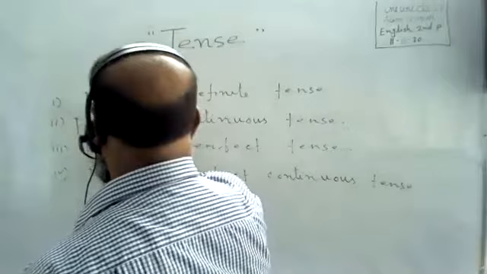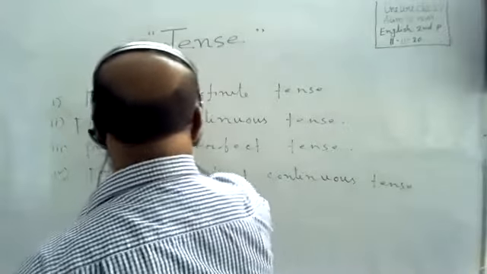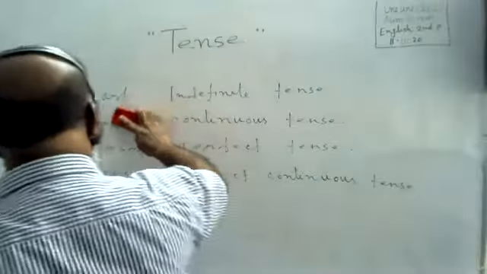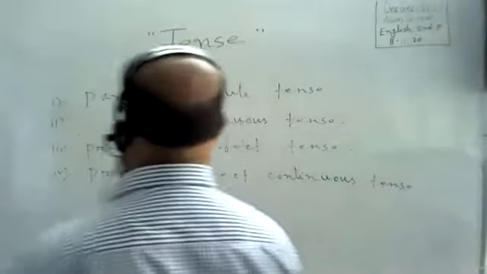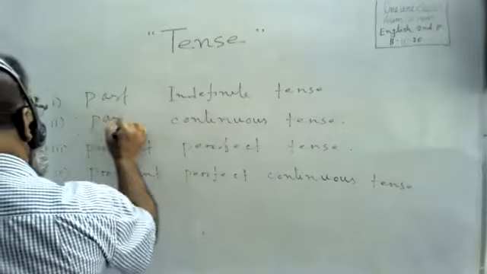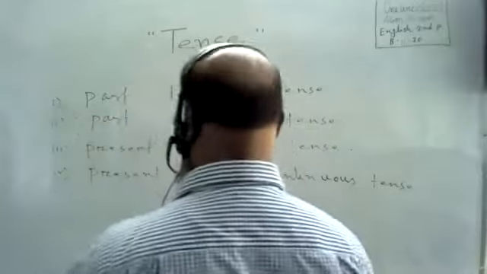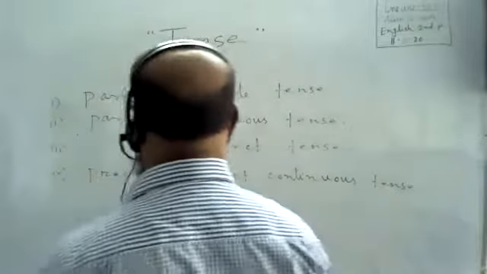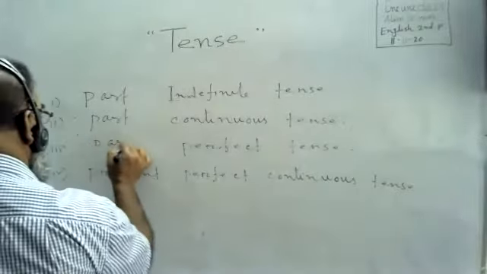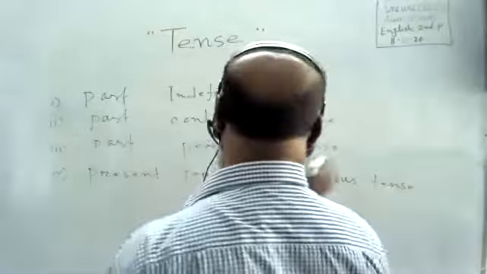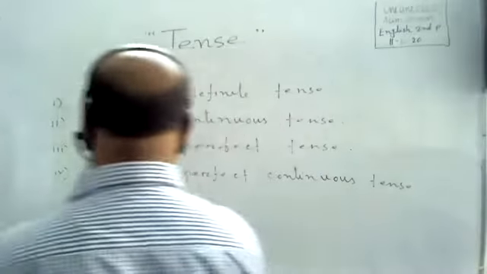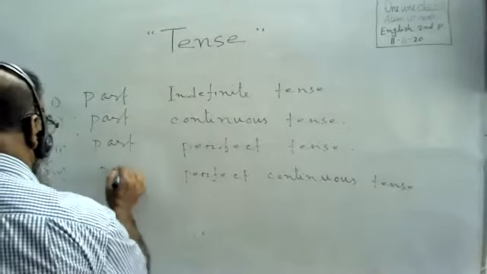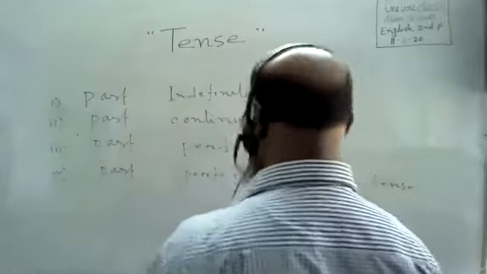Number one, instead of present, you use past: past indefinite tense. Number two, instead of present, you say or write past: past continuous tense. Number three, past perfect tense. Number four, past perfect continuous tense.